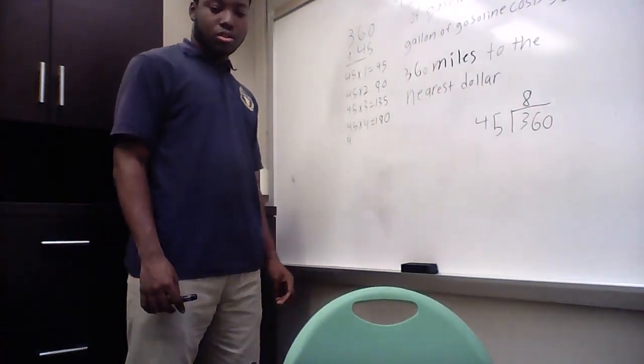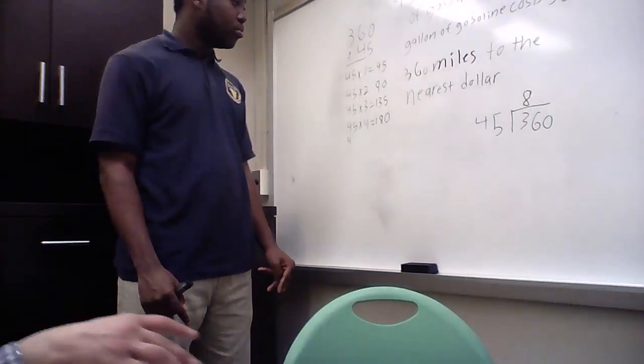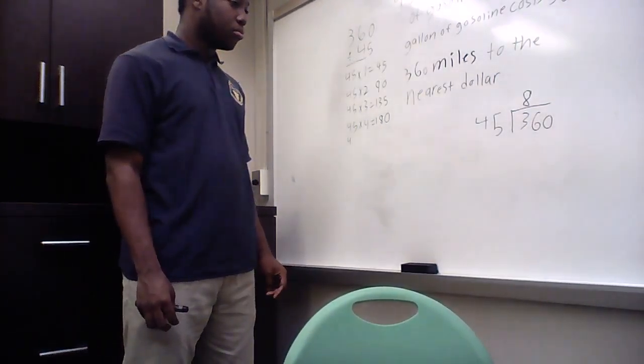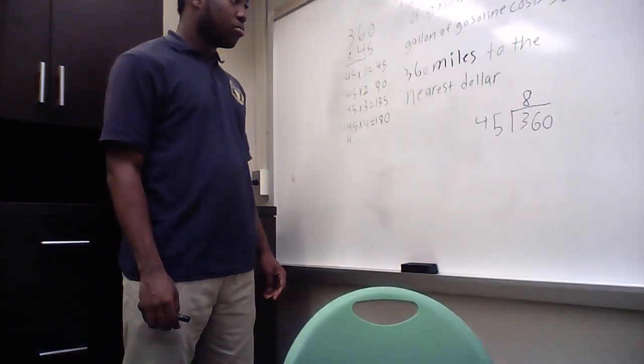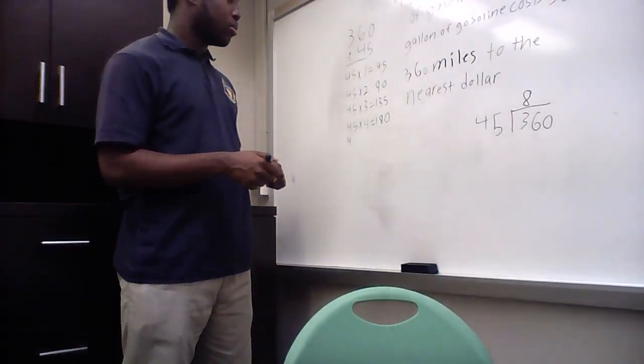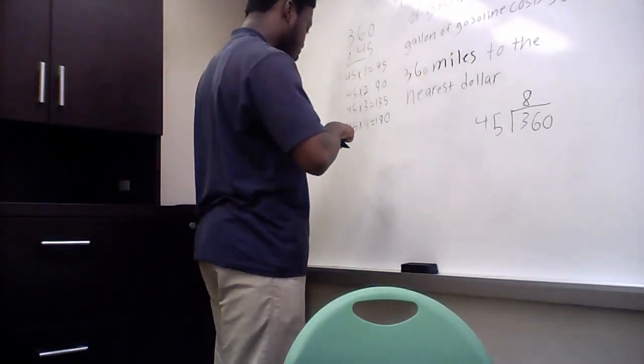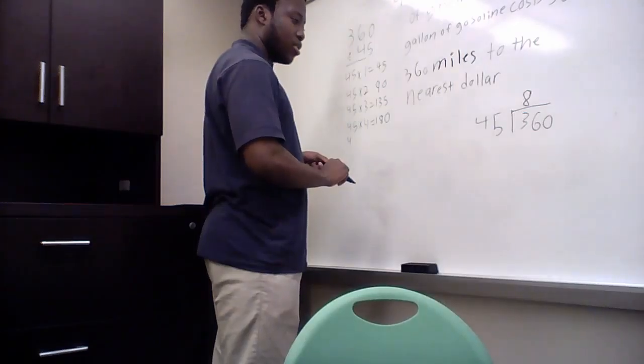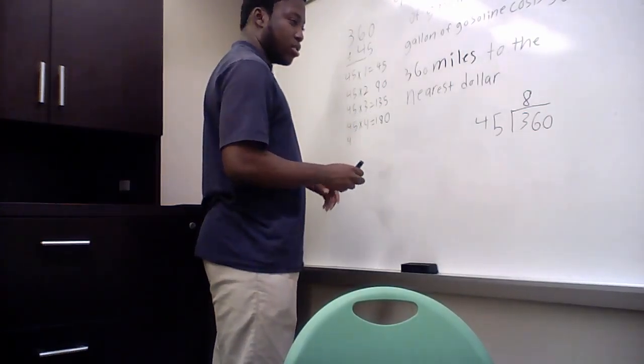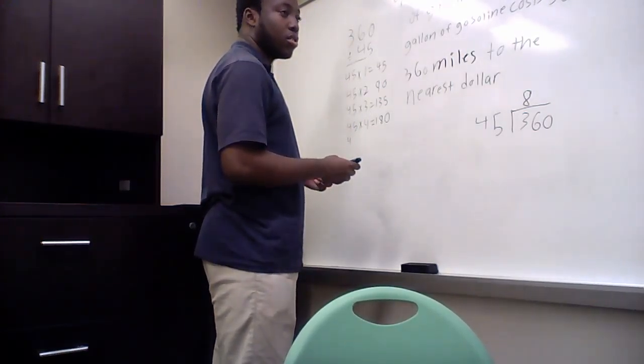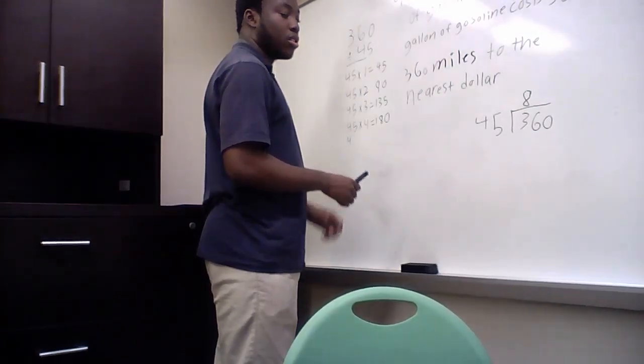Alright, so now you know how many gallons you're going to use. What about how much money you are paying for each gallon? You have it right there, right? A gallon of gas costs $5. So how would you get the total cost of 8 gallons?